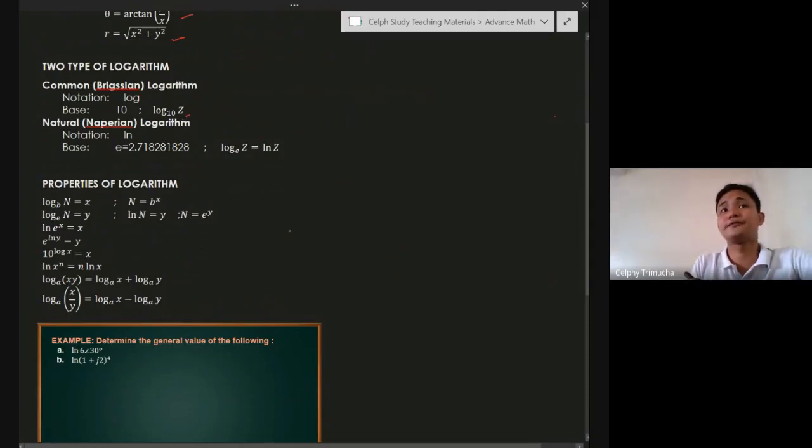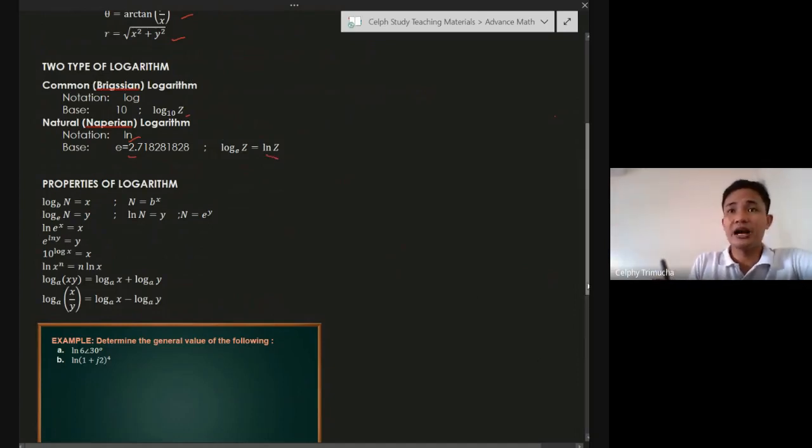Next, we have the Naperian logarithm or natural logarithm. This is the ln that we use. Its base is base e, as in your calculators. So log to the base e will be equal to ln, ln z.